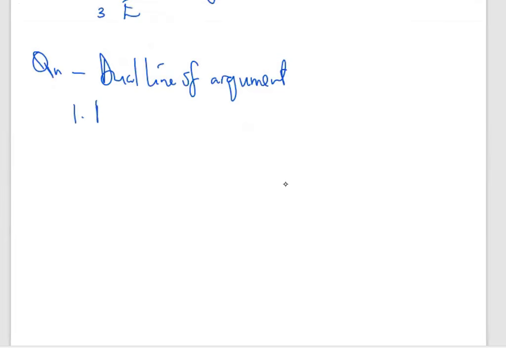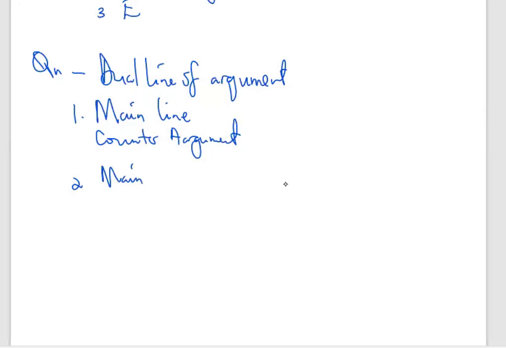You must have the main line of argument, and you must have a counter argument. Then, when you're giving reasons, you give main reasons in support of the main argument, and also counter reasons. Then you give an elaboration.